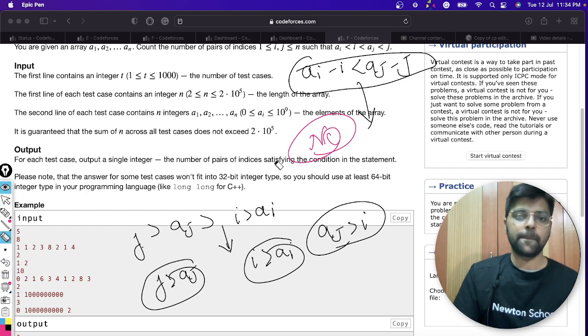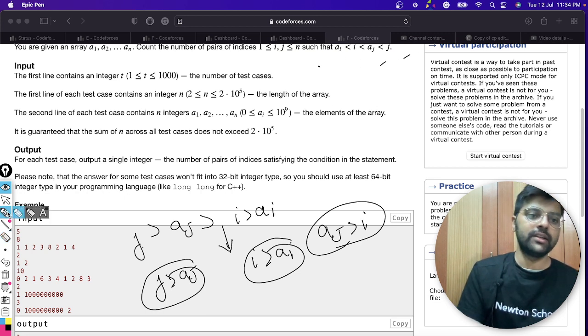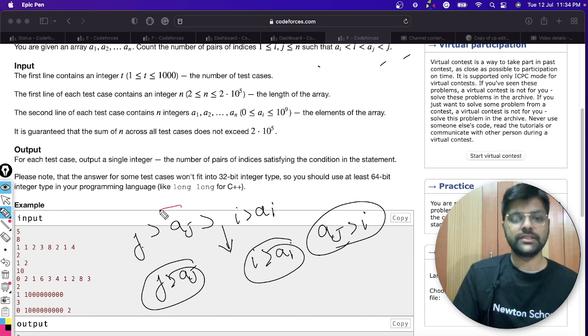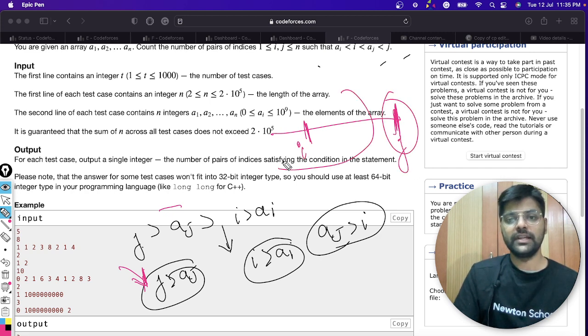So we had three inequalities. Now we have to find a data structure that will store the information for which index j is greater than aj. Let's say I am traversing and I am on j, and from the previous indexes I have maintained a data structure which will tell how many numbers from 0 to j minus 1 satisfy the condition i minus ai greater than 0, or i greater than ai.